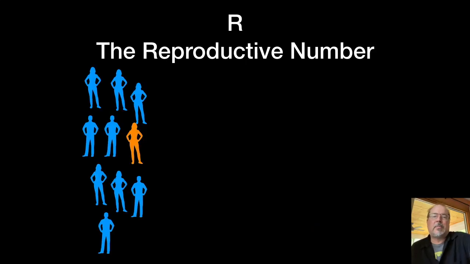Before we get into the model itself, it's important that we understand R, the reproductive number. In an infection, we can characterize the spread of the infection throughout the population by looking at how many individuals get infected from another individual.